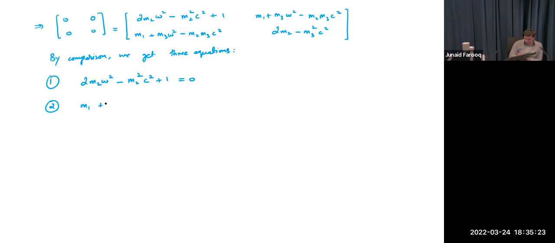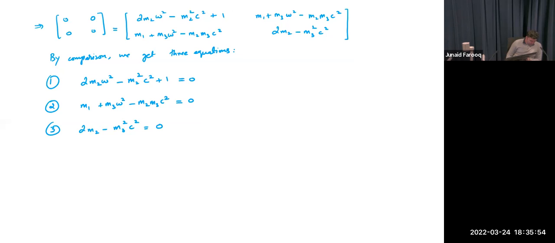Then we have m1 plus m3 omega squared minus m2 m3 c squared equals 0. And the third one, because these two are the same, we don't have to consider this again. We simply focus on these 3 distinct equations. The third one is 2m2 minus m3 squared c squared equals 0.